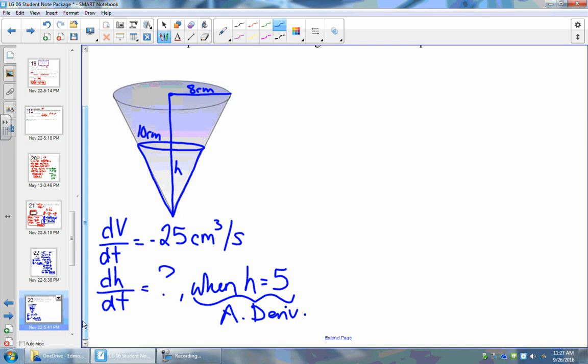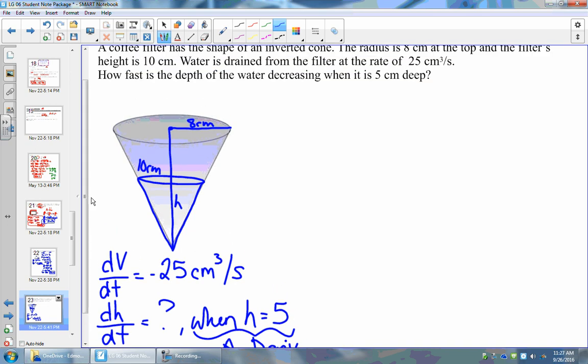Now, in this question, what a lot of you would probably do is start writing the volume of a cone. That's actually not going to help you here, unfortunately. What you actually want to be doing is recalling the similar triangles. I shouldn't say that the volume is not going to help you, because of course that's what we're going to be using, but you're not going to have enough information to use that formula just yet.